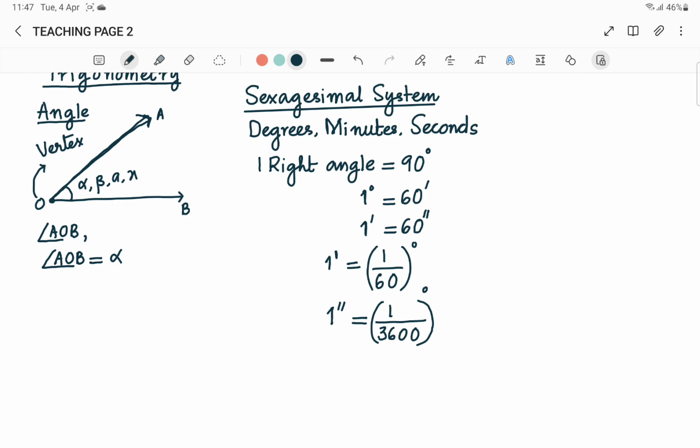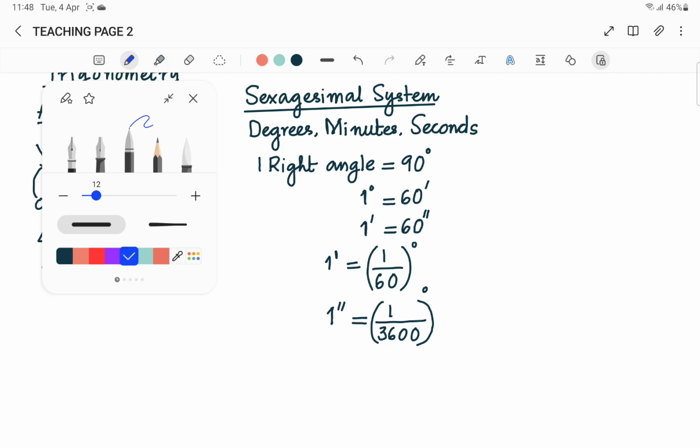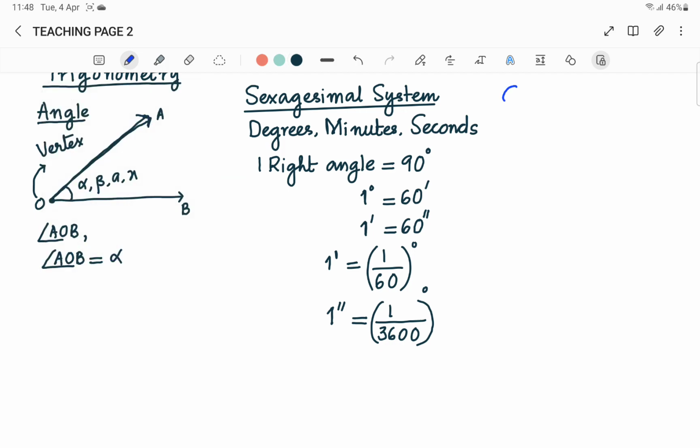So when you want to convert minutes into degrees, you should divide by 60. If you want to convert seconds into degrees, you should divide by 3600.